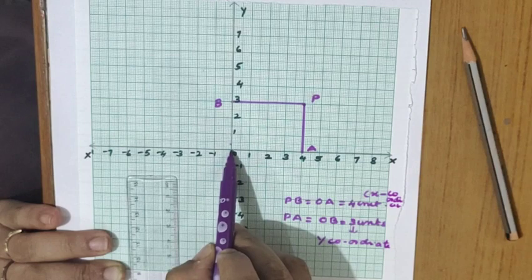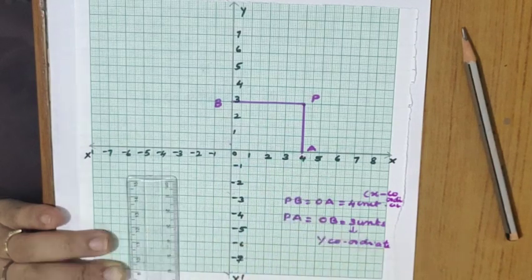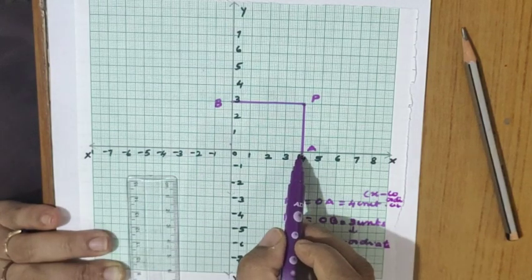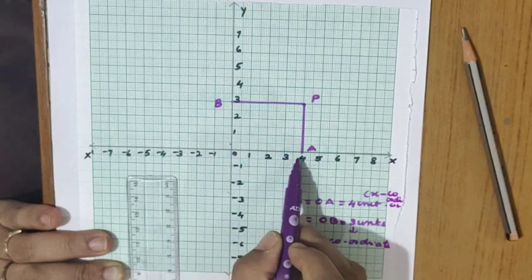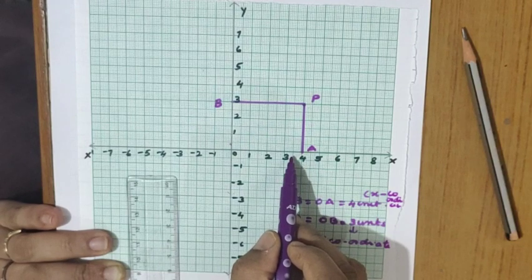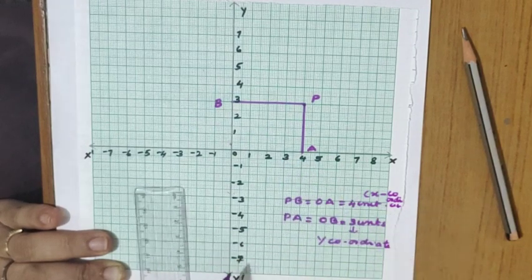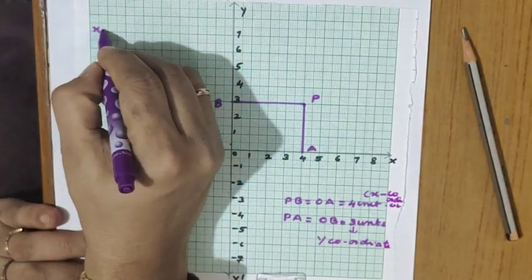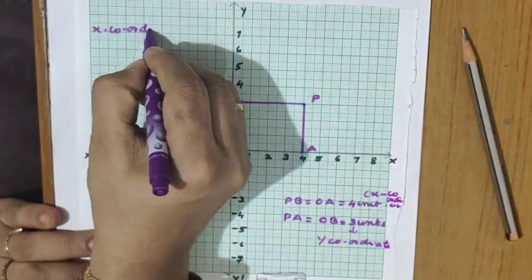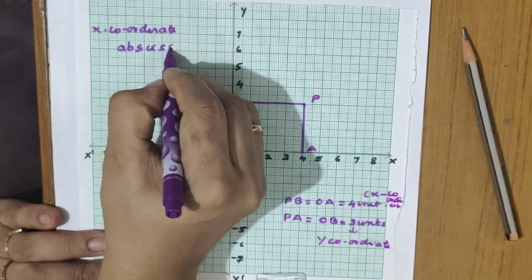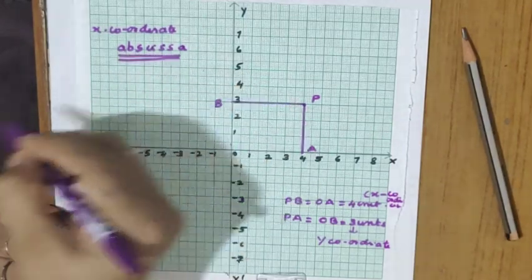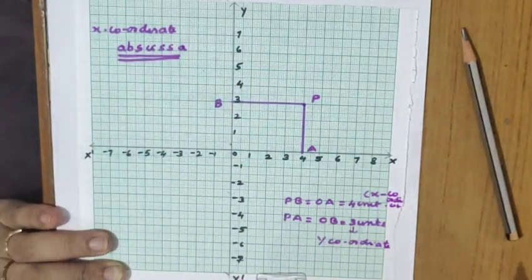Y-axis, but it is measured along the x-axis. So the x coordinate is the perpendicular distance from the y-axis but measured along the x-axis, isn't it? And it has one more name, the abscissa. So it is measured along the x-axis.